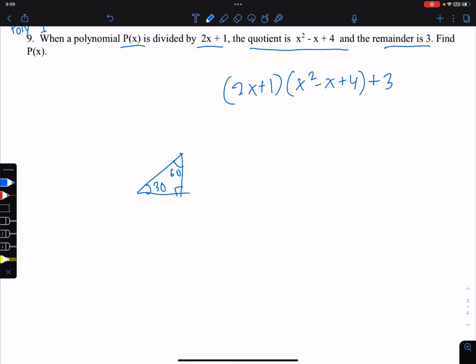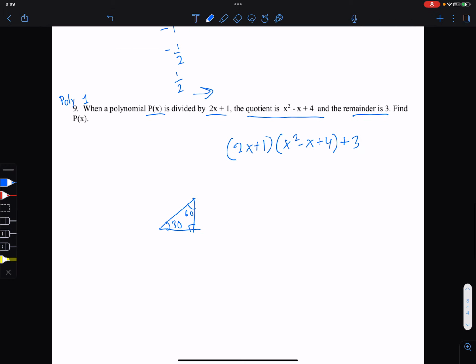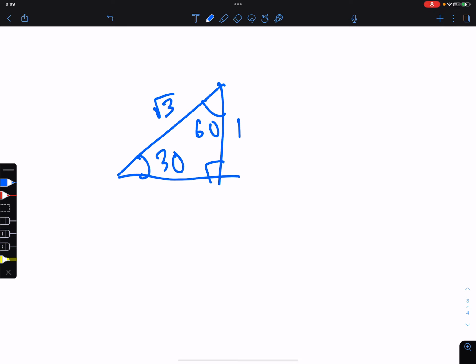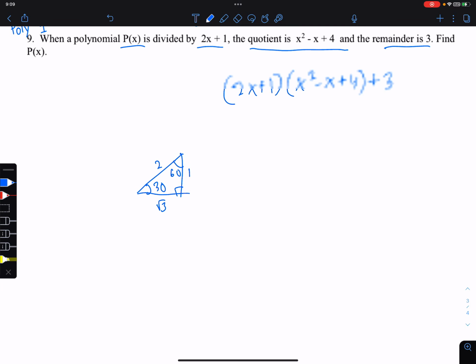I think 30, 60, 90s are most of what he does. Similar triangles is probably not on the list. So remember 30, 60, 90 triangles. Just do that. Okay, bye.